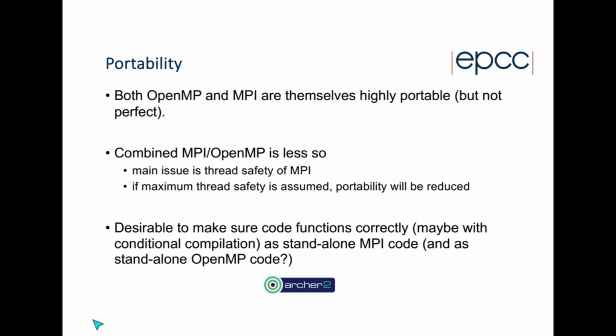So it probably is desirable to make sure that your code functions correctly, potentially with conditional compilation, as a standalone MPI code as well as a mixed code. And potentially, depending on use cases, maybe it's useful to be able to generate an OpenMP-only version and conditionally compile out the MPI stuff.